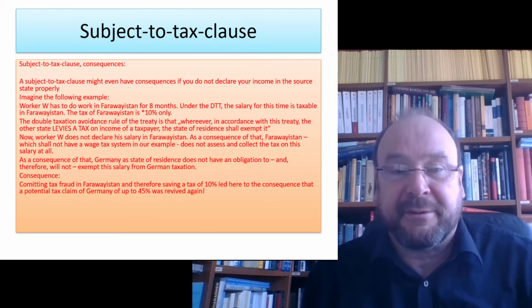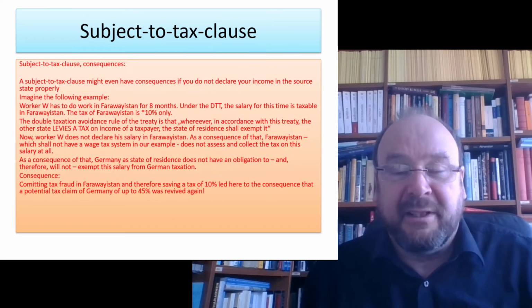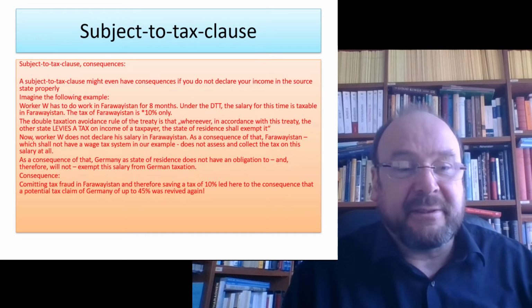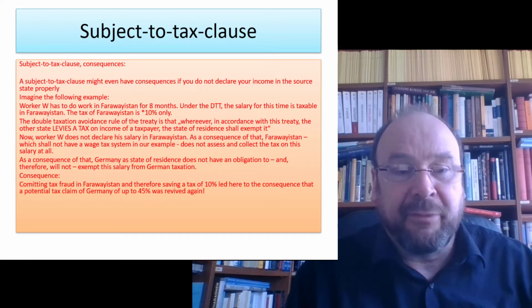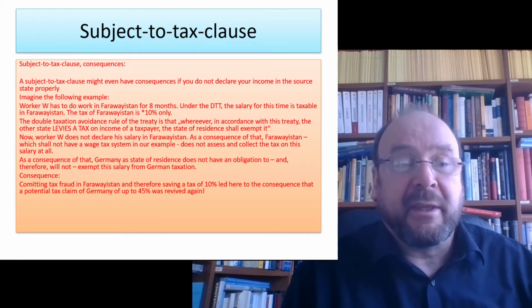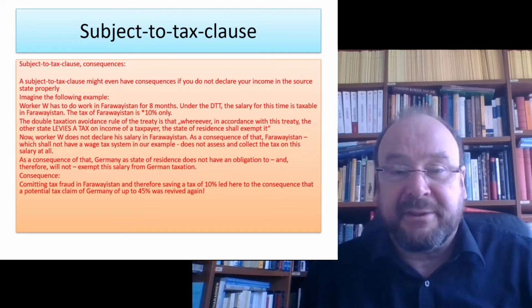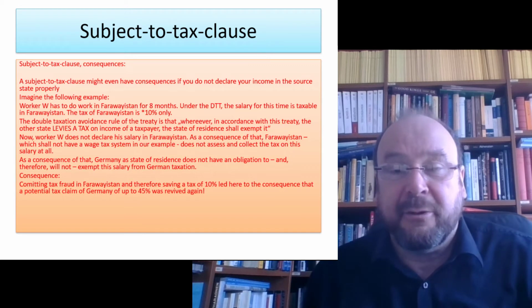going up to 45%. So committing tax fraud for income from abroad, if there is a DTT with a subject to tax clause, is an idiotic idea if the foreign tax level is lower. First, you don't pay 10%, but it triggers a tax claim of 40 or 45% at home.